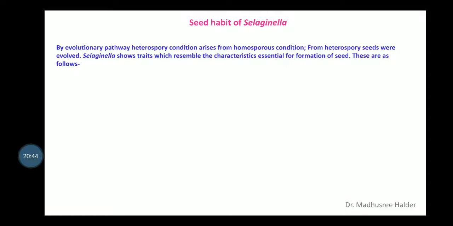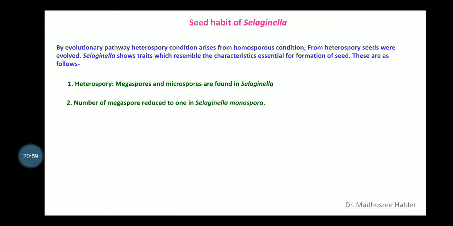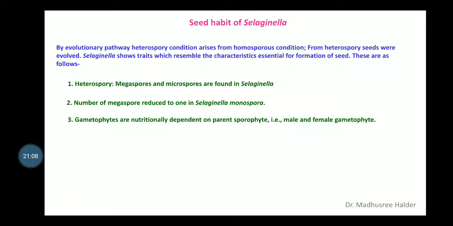Selaginella shows traits which resemble the characteristics essential for formation of seeds. These are as follows. Number 1, heterospory, that is megaspores and microspores are found in Selaginella. Number 2, the number of megaspores is reduced to 1 in Selaginella monospora. Number 3, gametophytes, both male and female, are nutritionally dependent on the parent sporophyte.